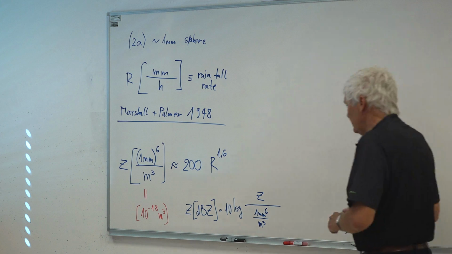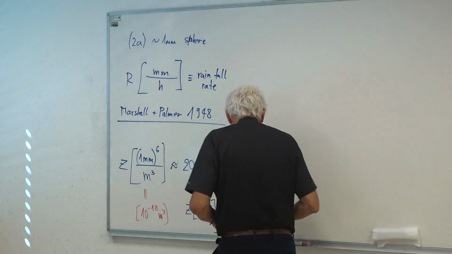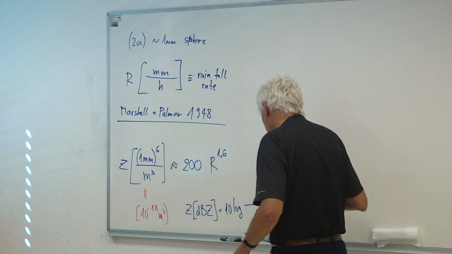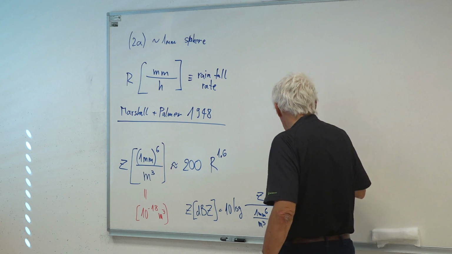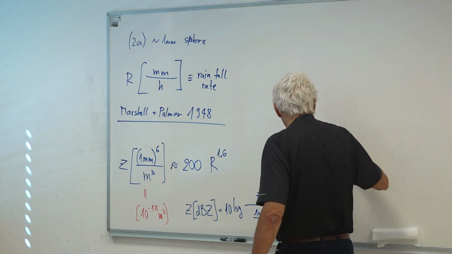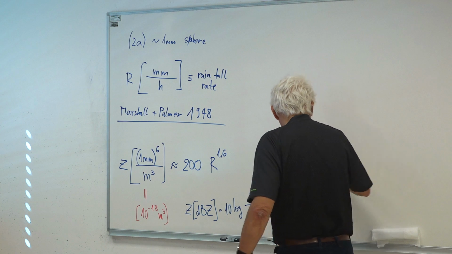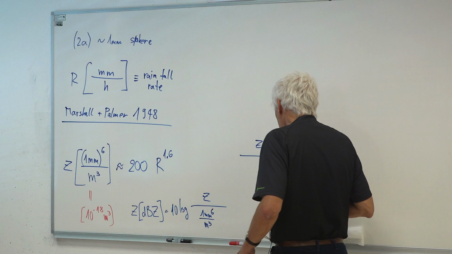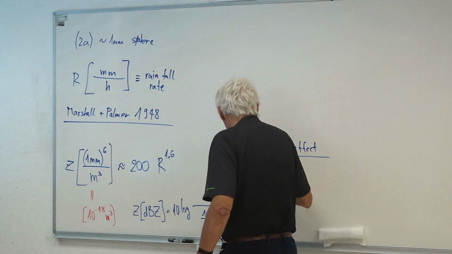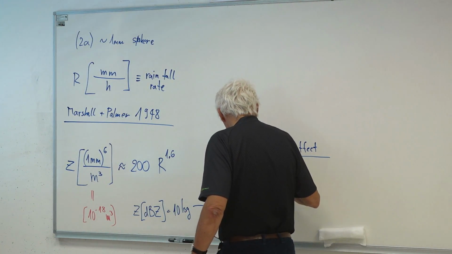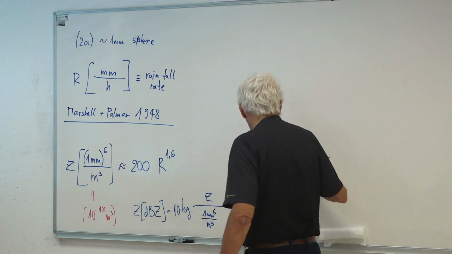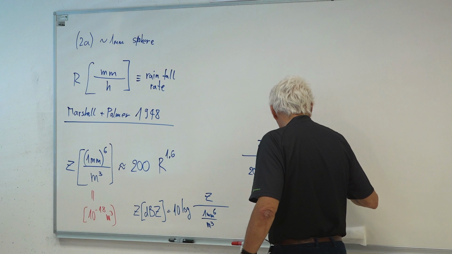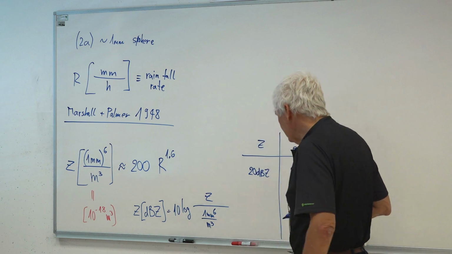What are now the practical values of this Z? If I write here Z, and here the weather effect. If we have Z at 20 dBZ, we have very light rain, maybe just a few drops.